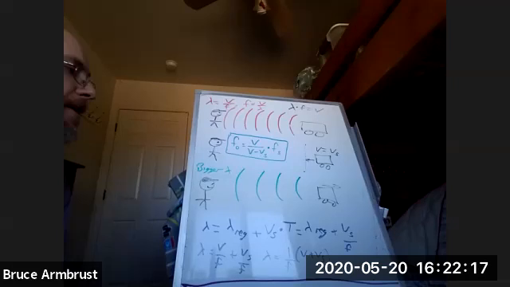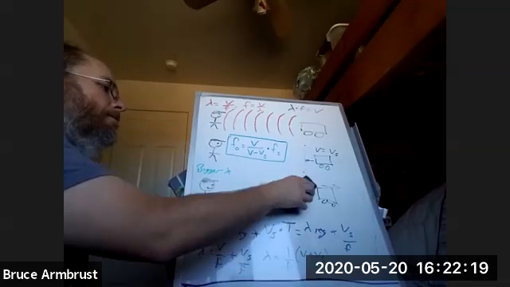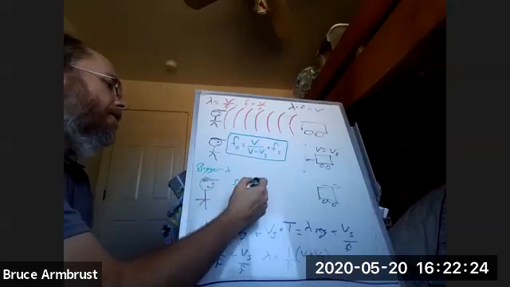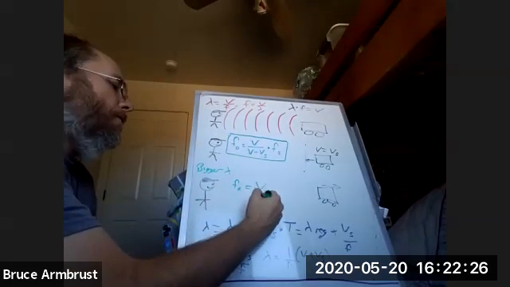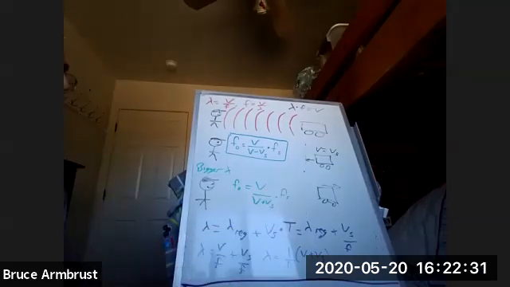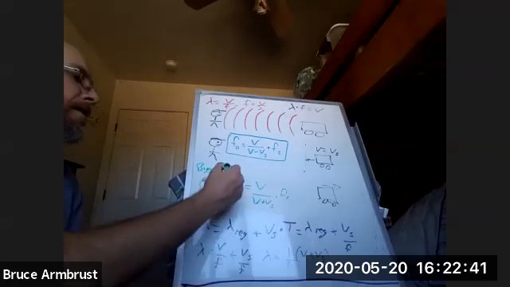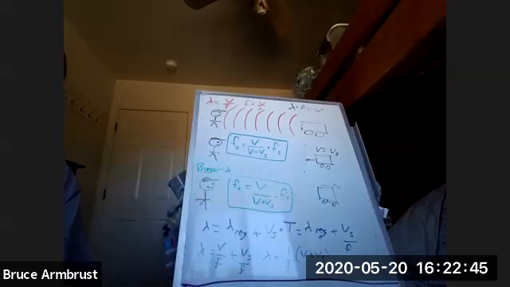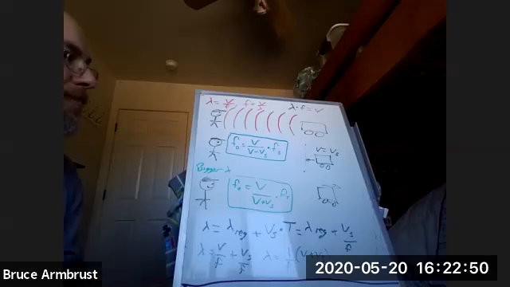So everything's going to look exactly the same, except we're going to find that the frequency of our observer is V over V plus Vs. Okay, so when that source is moving away from us, it's pretty much the same. It's just in one case we're subtracting, in the other case we're adding.